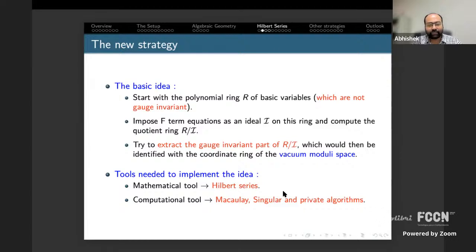Then we impose the F-term equations, which are again not gauge invariant, as an ideal on this ring and form this quotient ring R mod I. Once we have done this, we'll see that there is a way to extract the gauge invariant part from this quotient ring R mod I. And if you are able to do that, then that gauge invariant part will be the coordinate ring of the vacuum moduli space. And this is exactly what you need. To do that, we will use this idea of a Hilbert series.